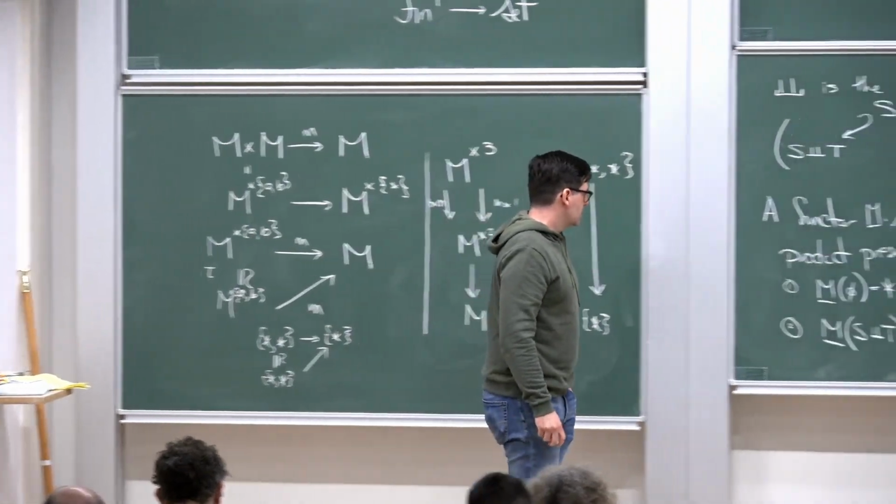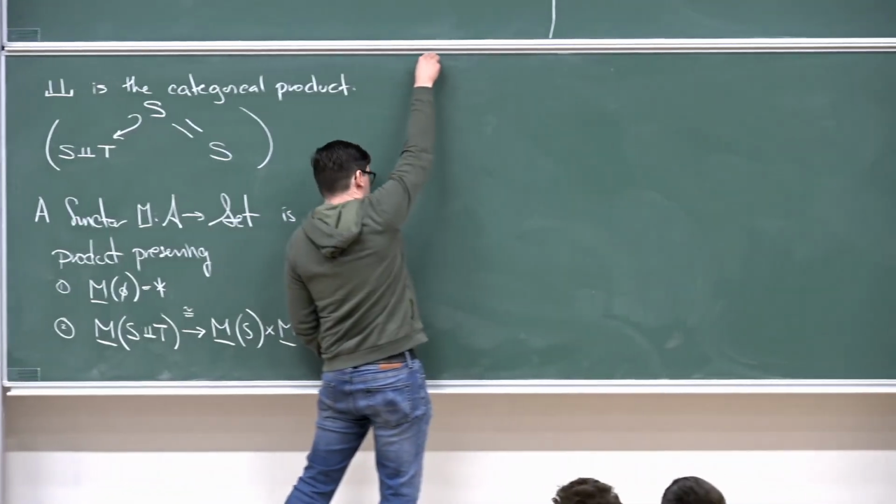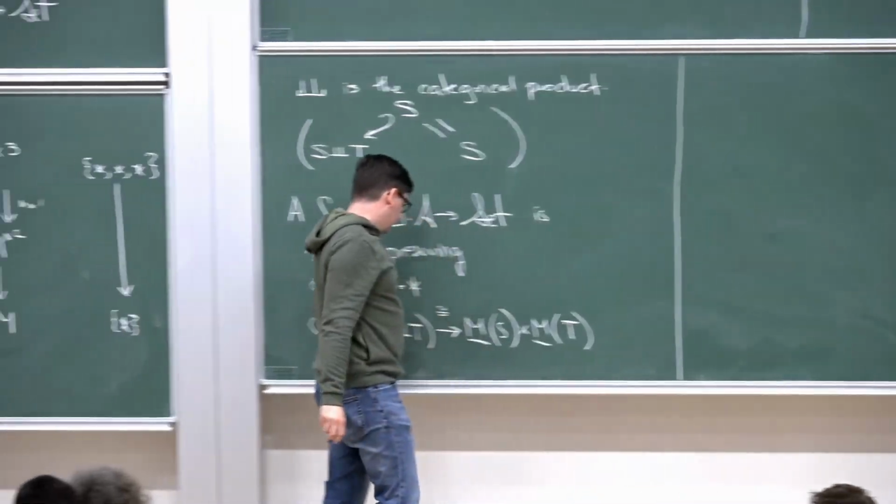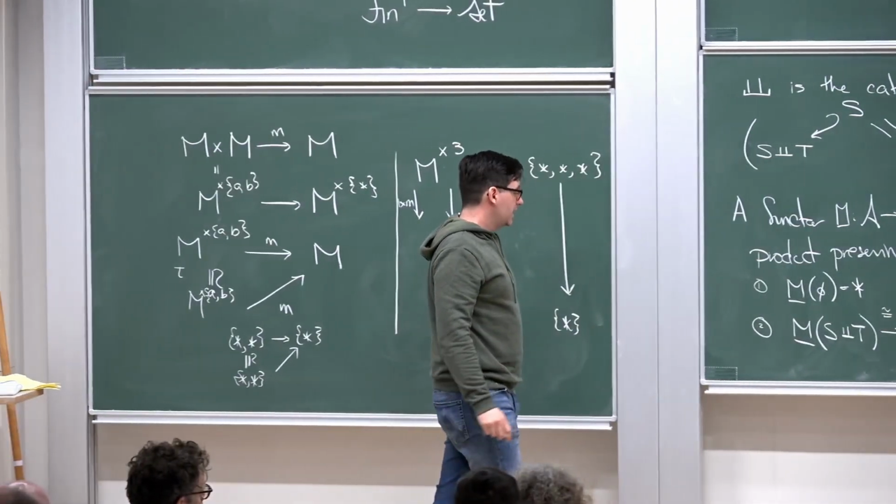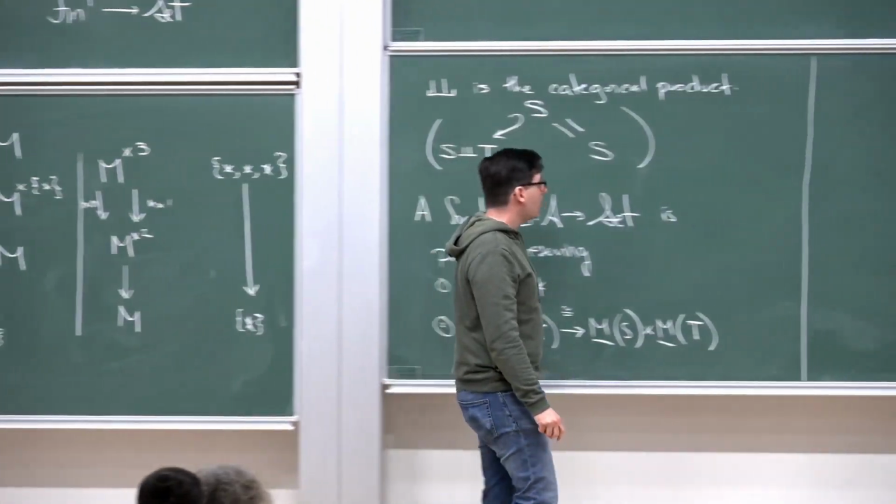And now, given product-preserving functors, I can actually describe another way to talk about a commutative monoid.